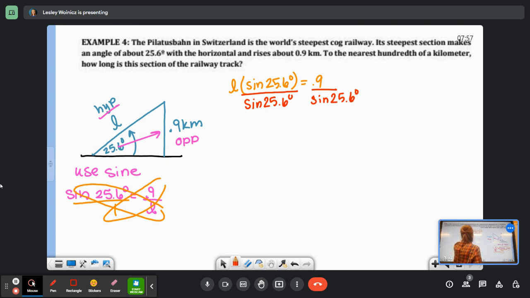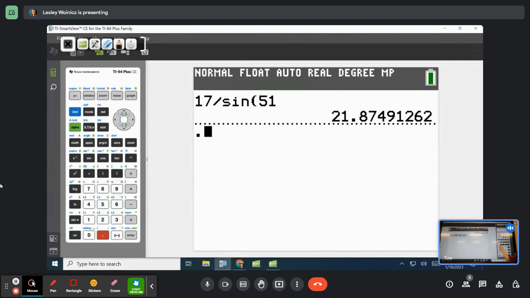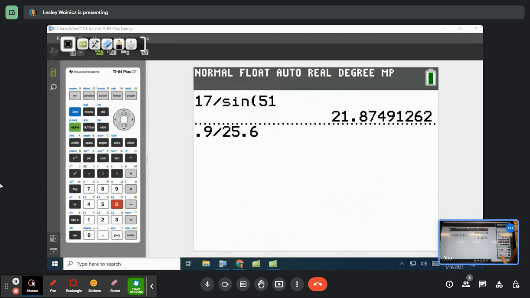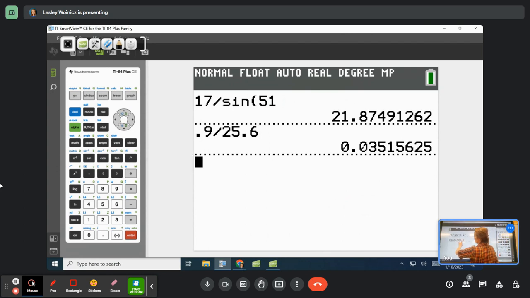So L equals 0.9 divided by 25.6. Did I get that right? My short-term memory is garbage, guys. I'm sorry. Okay.